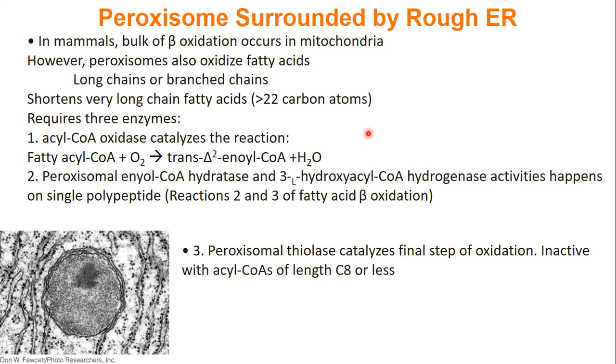This happens in the same protein, so this is basically reactions 2 and 3 of the fatty acid beta oxidation. So nothing that different really. Then you have peroxisomal thiolase, which will catalyze this final step of oxidation. However, this enzyme does not work with acyls of C8 or less, so again, the peroxisome is specialized for our very long chain fatty acids.